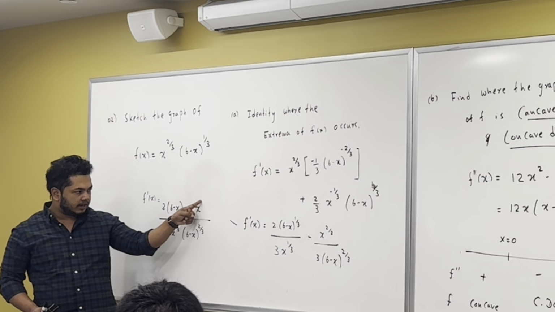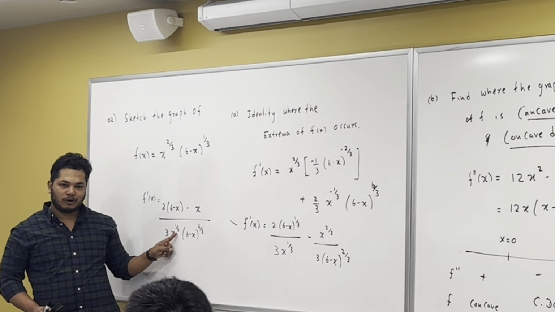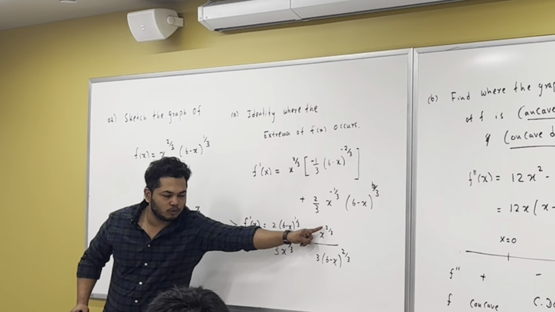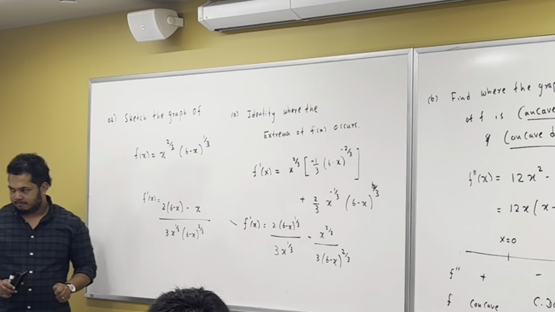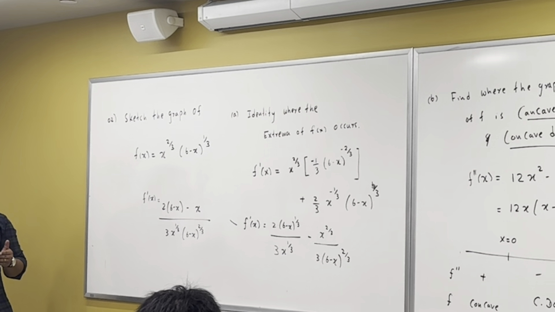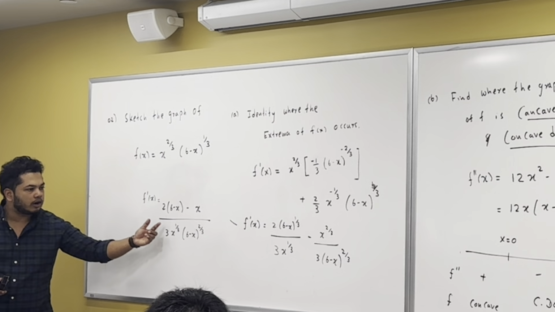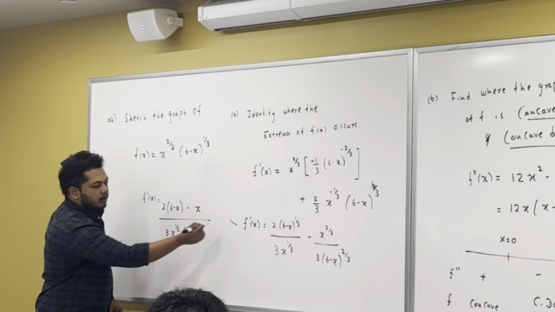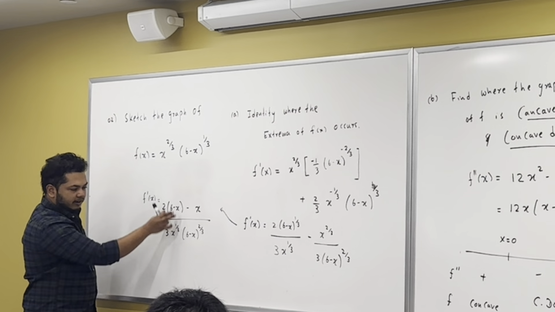You have power 1 here, you have to subtract 1 over 3, which gives you 2 over 3. Clear? I know it's tricky when you take the common denominator, but you can go back to the previous step by considering the separate division.